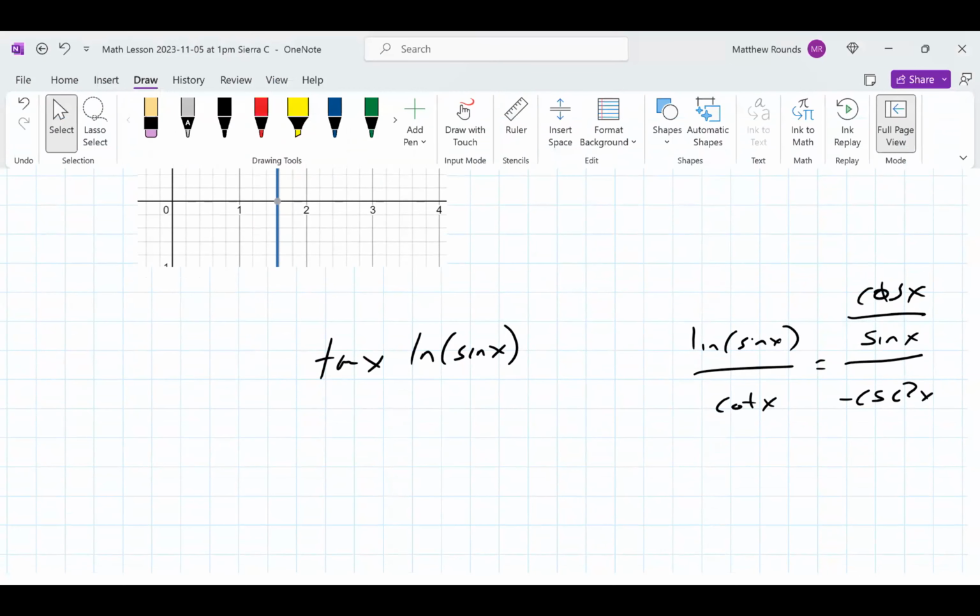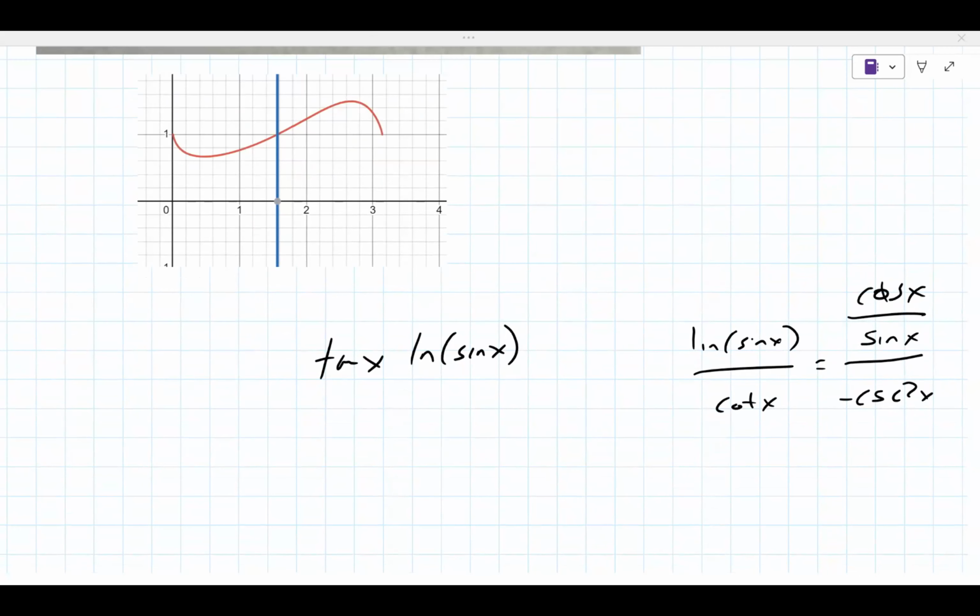All right, moving along. Here is a problem that we've already kind of done, but we'll talk about it.